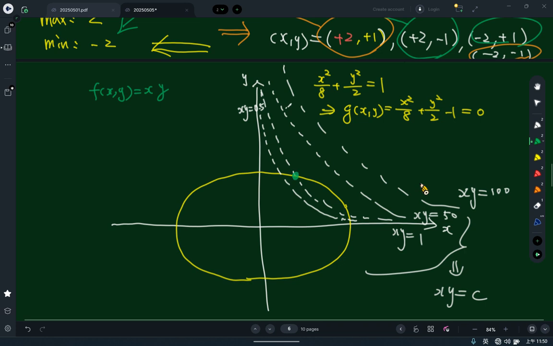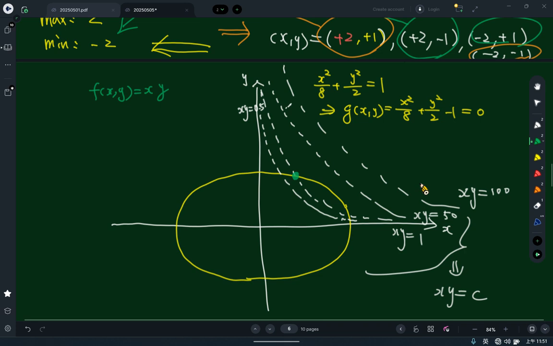The intersection here. So if this point is the intersection of this ellipse and SY is equal to 1, can you tell me, if I just use this point as the input for this function, what's the return value? 1.